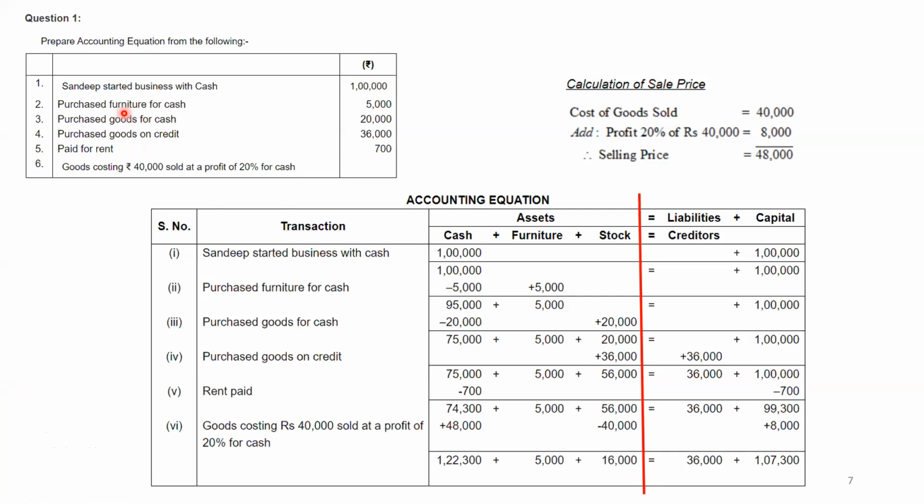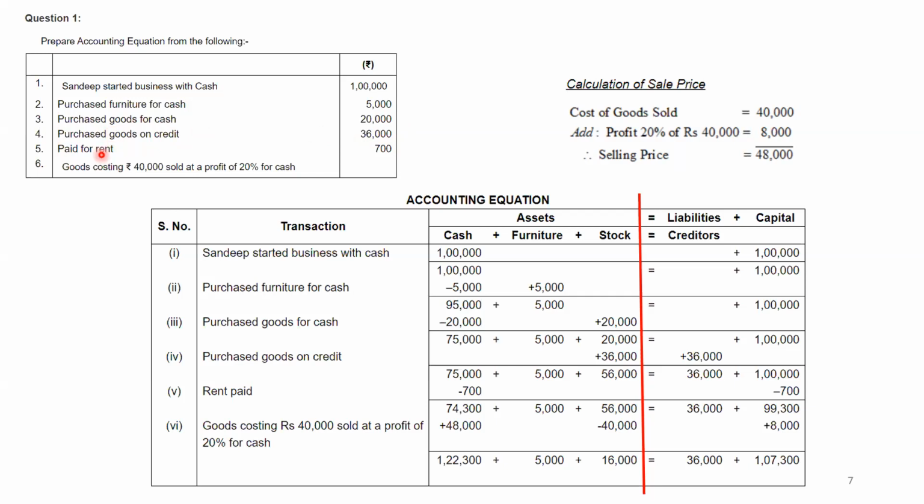That means it is an asset. Furniture always comes under fixed asset, 5,000 rupees. Purchased goods for cash, 20,000. Goods means if you sell the goods, you will get immediate cash. That means it is a current asset.